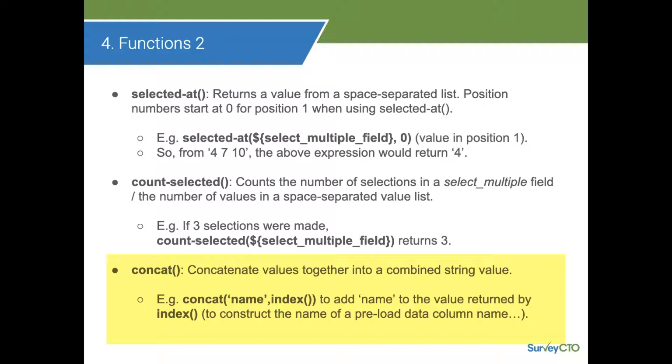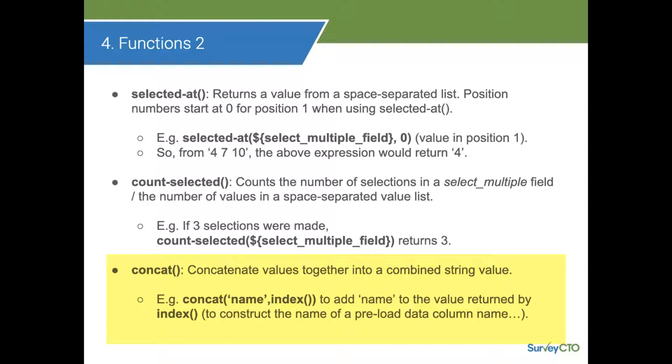In the context of this sample form and use case, concat is used to dynamically construct the names of column names used inside a pull data expression. If you recall, the column name in pull data takes a string value. So here in this particular sample form, the string value name would be concatenated onto the value returned by index.